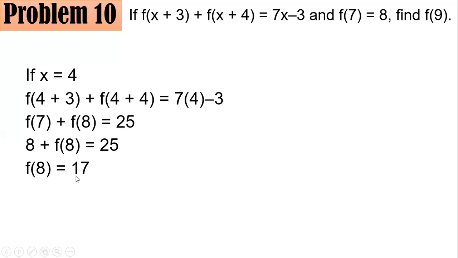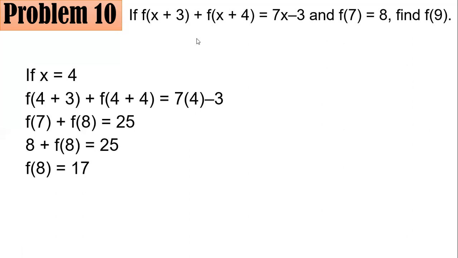All right, so f of 8 is 17, but we are not yet done because our goal is f of 9. Who would like to try and continue the process with us? The answer here is actually a whole number, not a fraction. Would you like to continue the process with us?